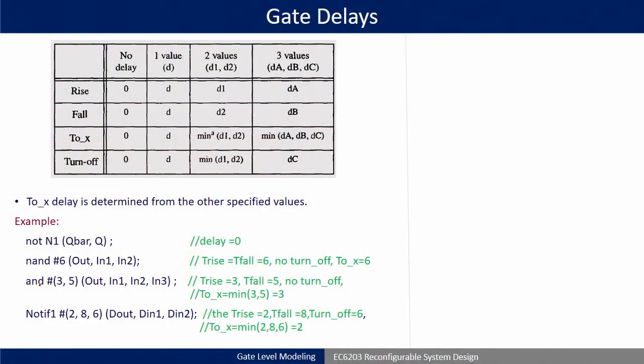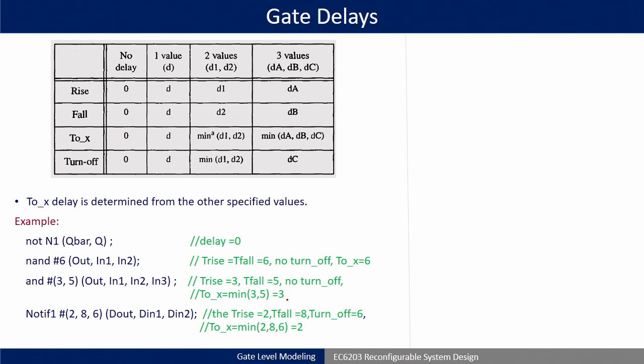So, now if you say, for example, AND hash 3 comma 5 out in1 in2 in3, that means it is a 3 input AND gate whose output is out and inputs are in1, in2 and in3. Now, in this case 3 and 5 are given as d1, d2. So, my rise delay is 3 time units, fall delay is 5, and as it is an AND gate, there will be no turn off delay, and the transition to x delay will be the minimum of 3 comma 5, that is equal to 3.